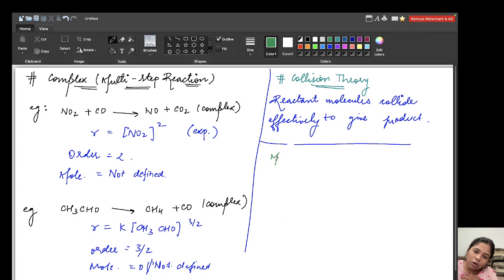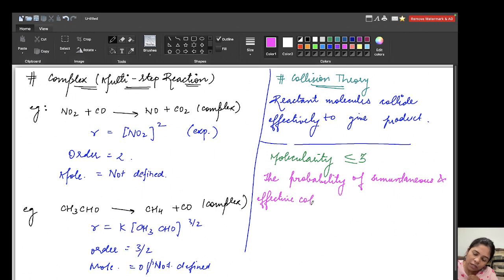So whenever molecularity is high, the probability of simultaneous and effective collision of 3 molecules colliding is very low, hence reactions of higher molecularity are rarely observed.